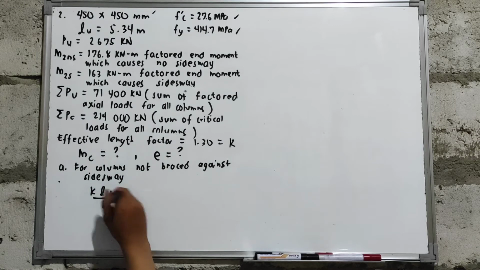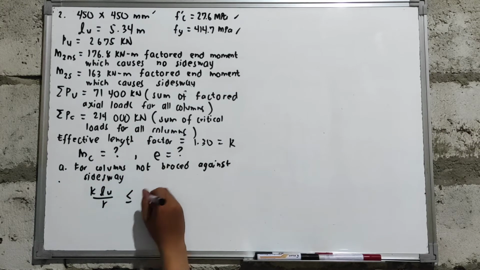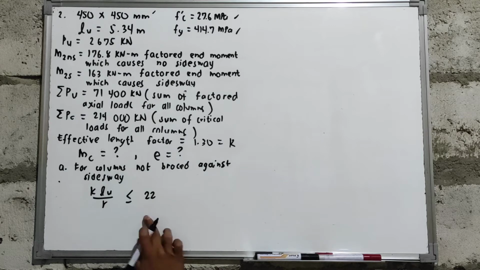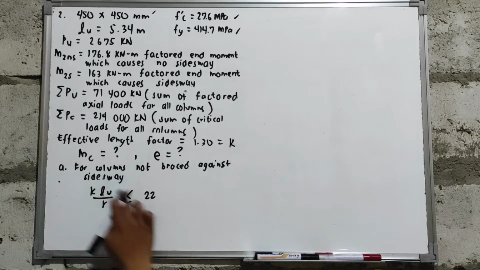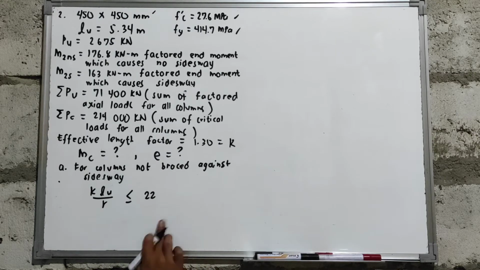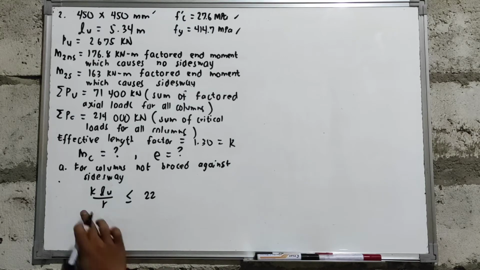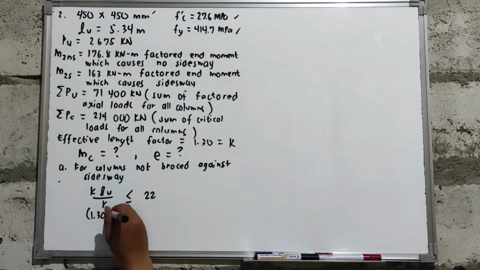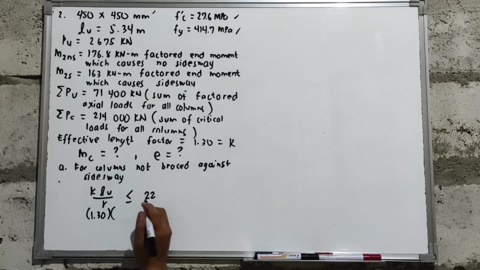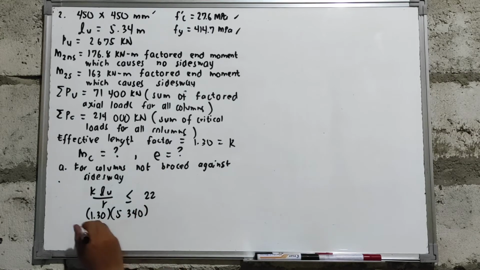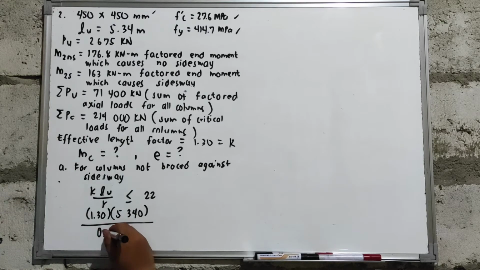I-compare natin yung slenderness ratio to the value ng 22. Kapag nag-less than yung value ng slenderness ratio natin sa 22, meaning to say, short column tayo, walang effect yung slenderness natin. So yung K natin, that is 1.3. Yung Lu natin, that is equal to yung unbraced length natin na 5,340 mm over yung r natin, since meron tayong square column, that is 0.3h.